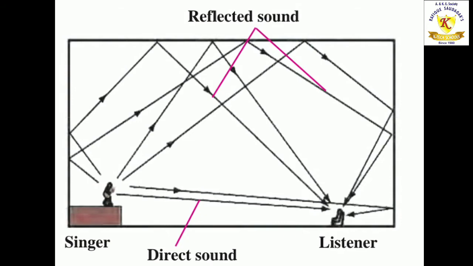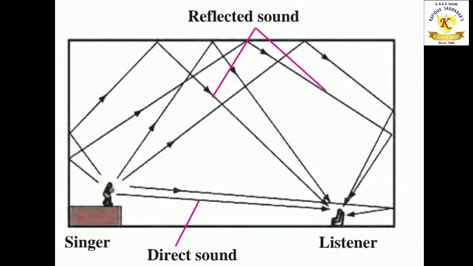So children, this is the reason why some auditoriums or some particular seats in an auditorium have inferior sound reception. So children, understood the concept of reverberation? When the sound waves get reflected from the walls multiple times, this causes the sound to be heard not once but continuously.